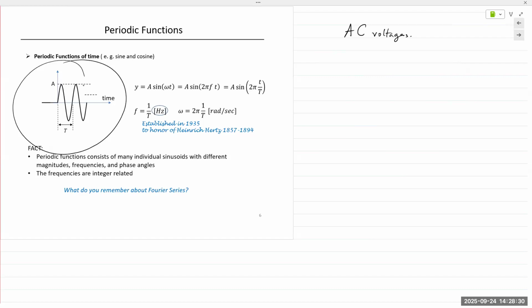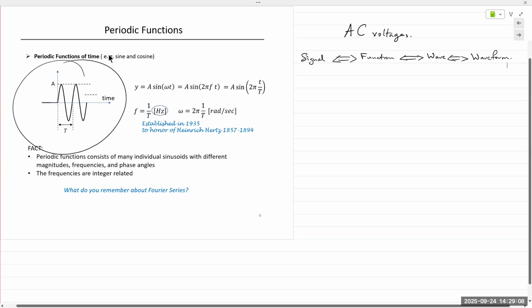So it could be a signal, could be referred to as a function, could be referred to as a wave, or a waveform. In fact, if you look at one of those devices at the lab benches, there should be something labeled as a function generator.